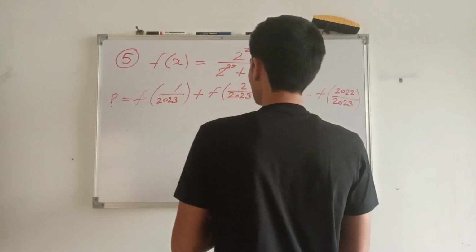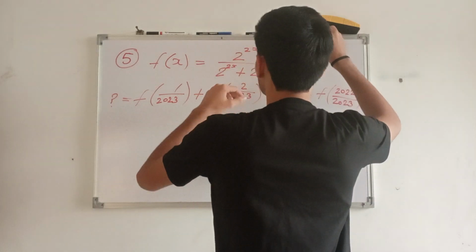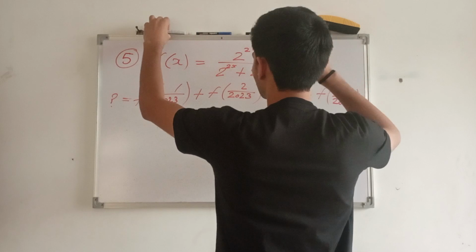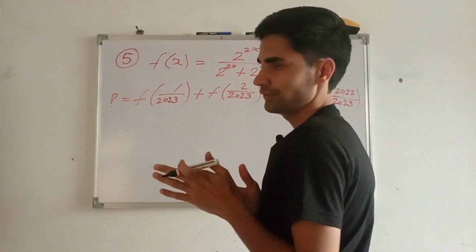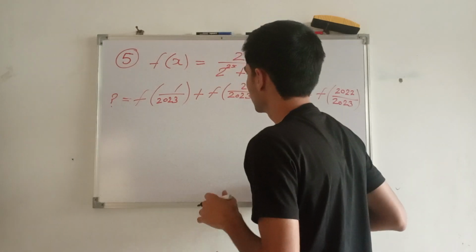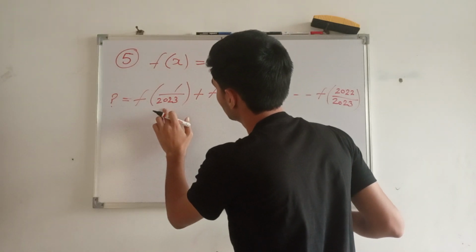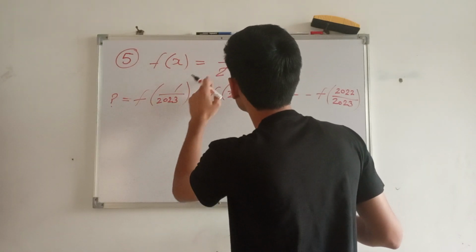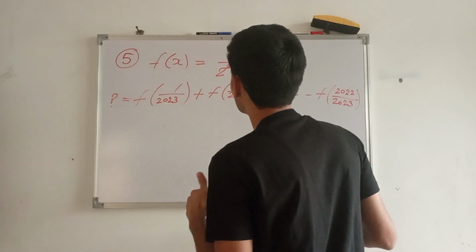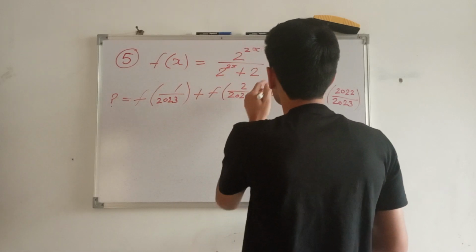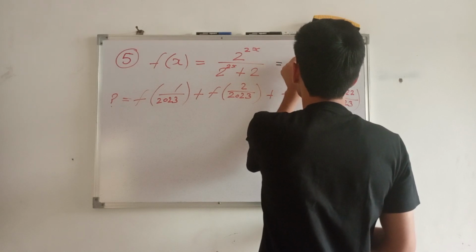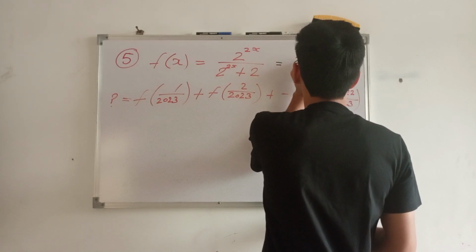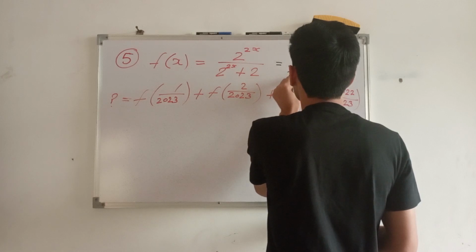Now we have f(x), so we will rewrite it. If you look at it directly, if you put x equal to 1 upon 2023, you won't get any idea how to proceed. You will get something like this, 2023 upon the same term.